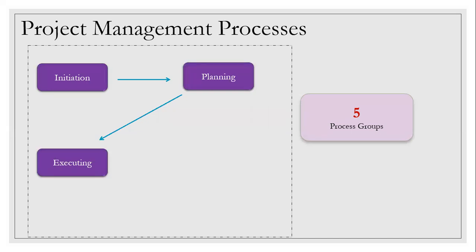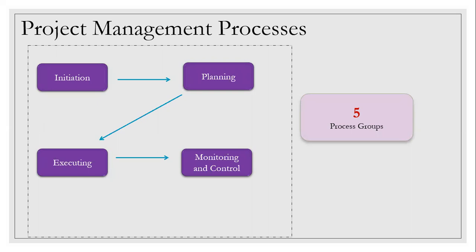And then we have the execution stage, when we execute the project as per the plan, right? After execution, we have the process called monitoring and control, where we check whether the project is being executed as per the quality standards. And if any deviation is happening, then that is to be corrected. Okay, things like change management happen here. Now, the key part is that monitoring and control is not a one-way approach.